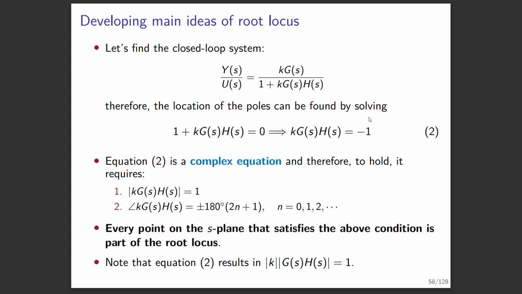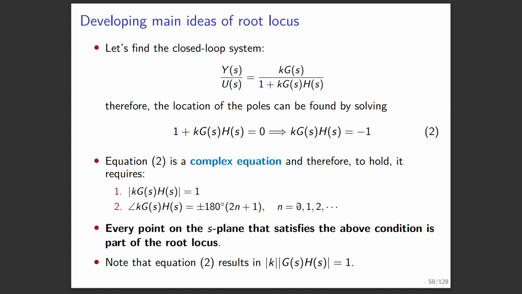So this equation tells me that K times G times H, because it's a complex number, has magnitude of 1 and an angle of plus or minus 180 degrees times 2n plus 1, where n is 0, 1, or 2. What does this mean? Well, plug in these values of n and see what you get.